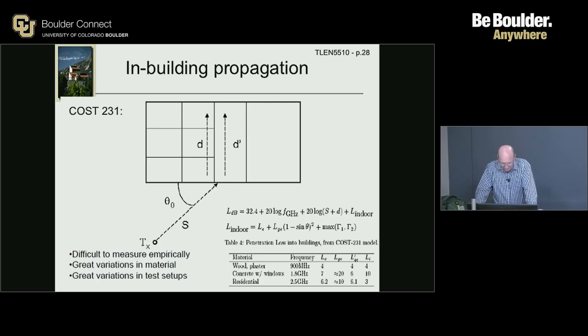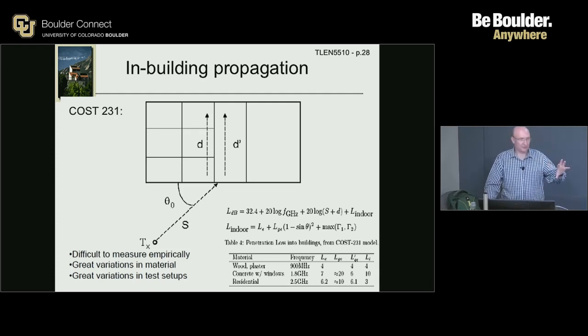One interesting indoor propagation model is, again, COST 231. And again, Chapter 4 goes around many of those reasons why it is difficult to go through that. I encourage you to read it.